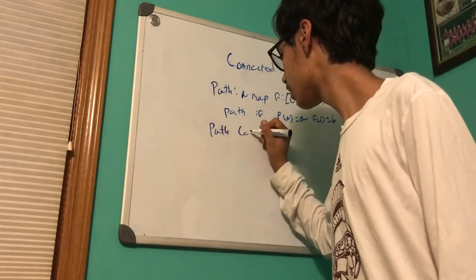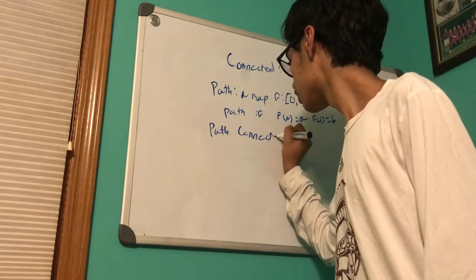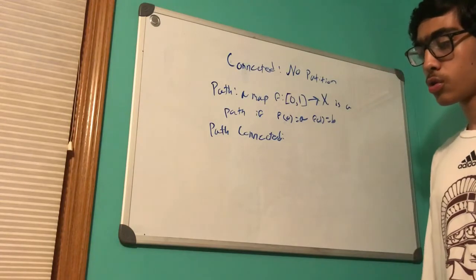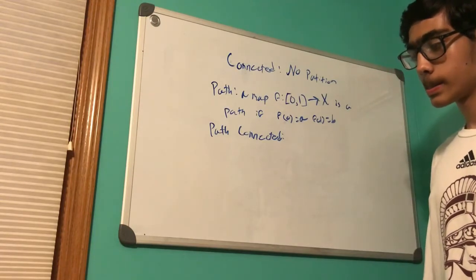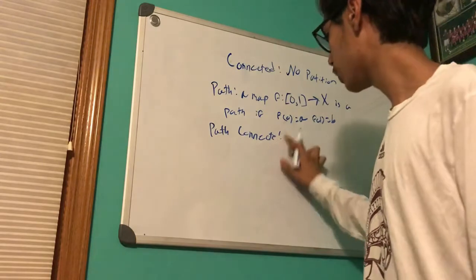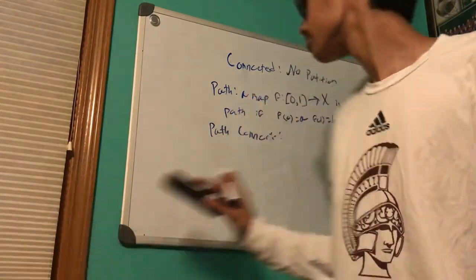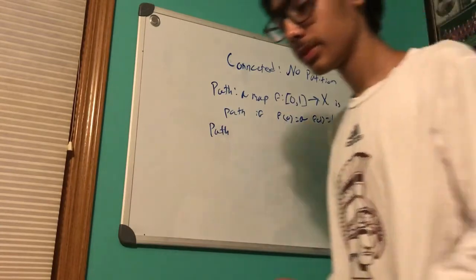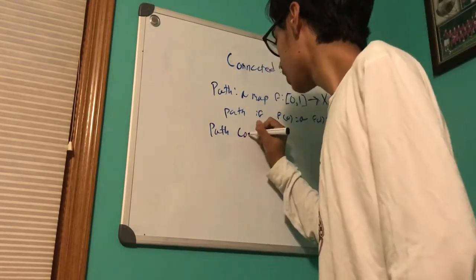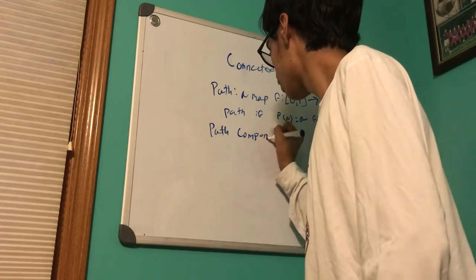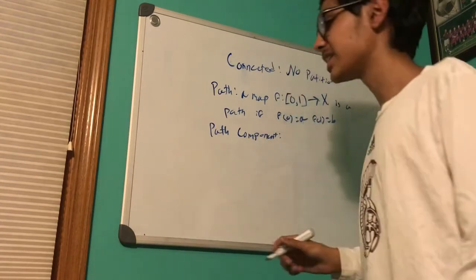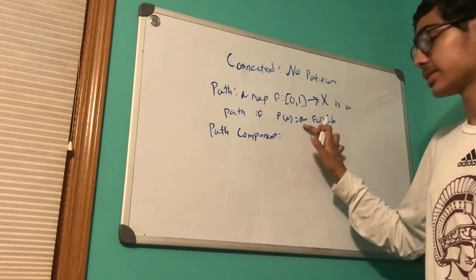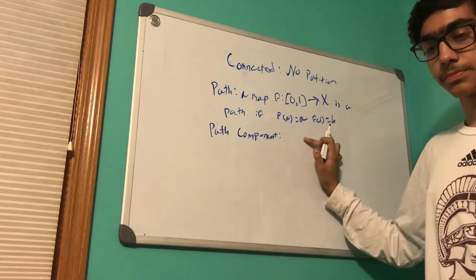Now, path connected. A path connected is, I think let's talk about a path component first, actually. Path component. Okay, a path component is just the equivalence class of points under this, if that makes any sense.